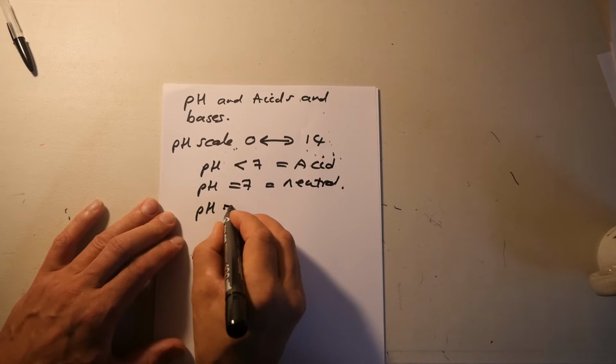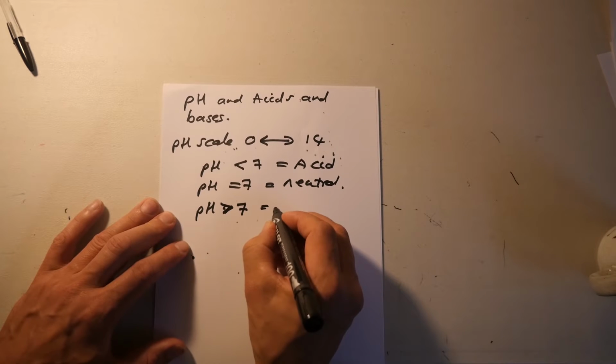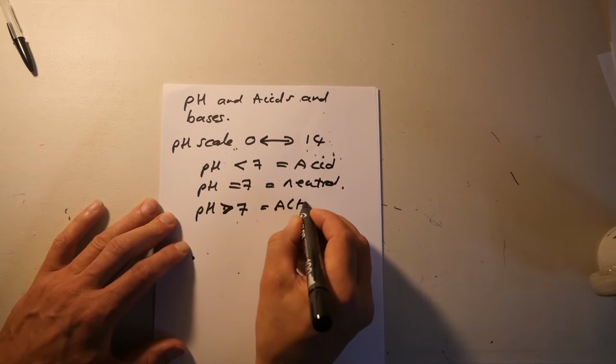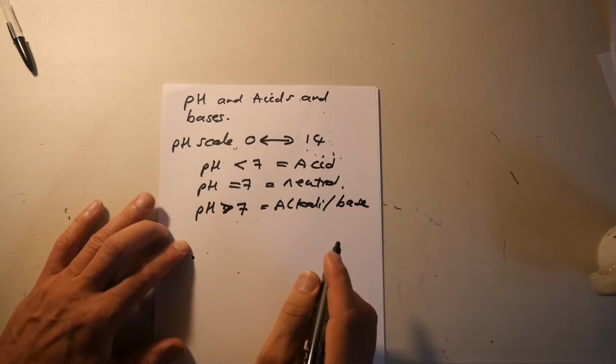A pH of greater than 7 equals alkali, base. Okay?